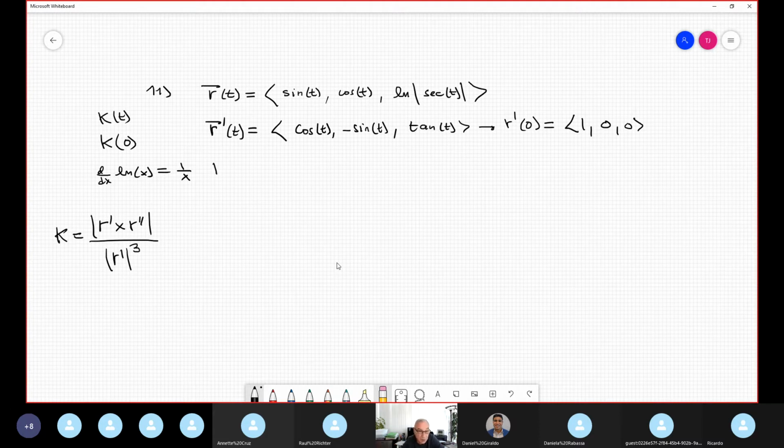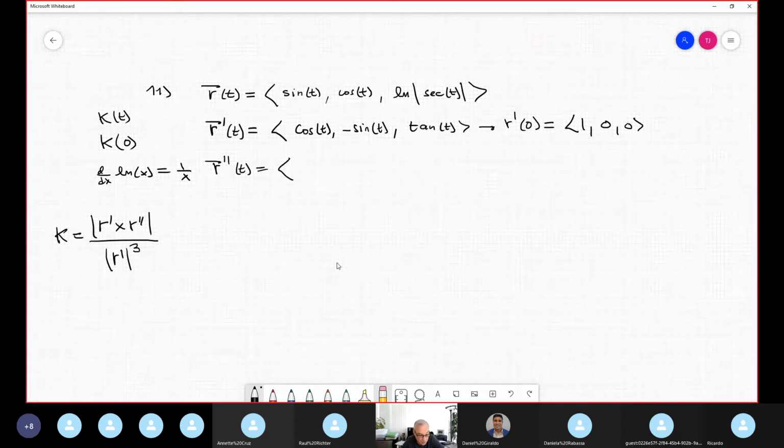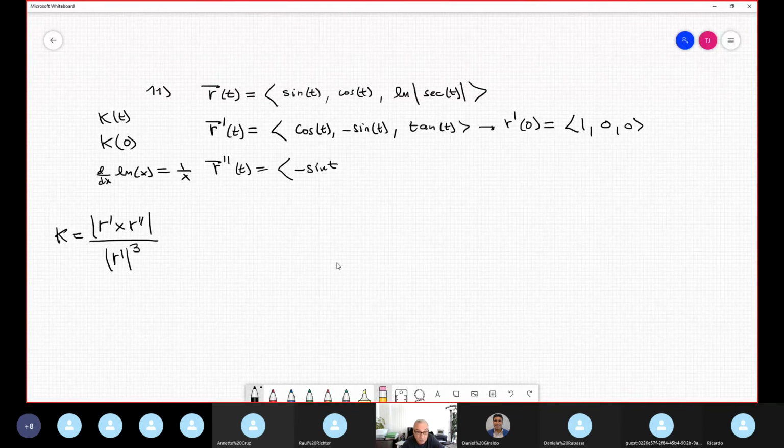Okay, so I need to compute r double prime, which is acceleration. Acceleration is: derivative of cosine is minus sine. Derivative of sine is cosine, positive cosine, but we have minus in the front, so it's negative cosine.